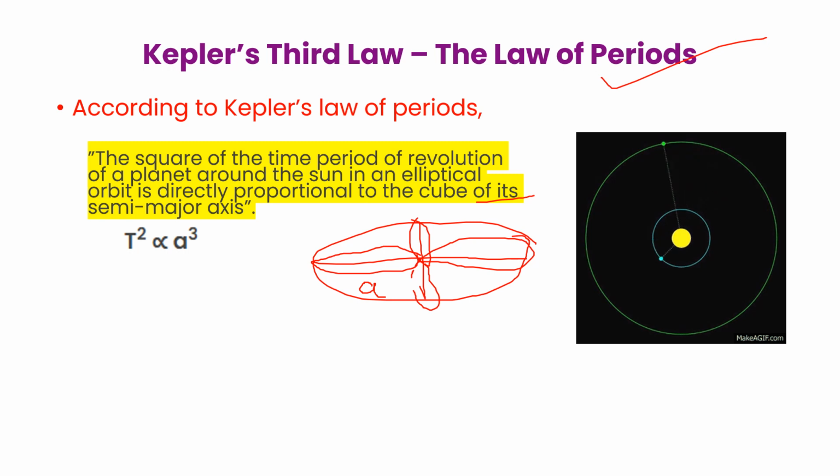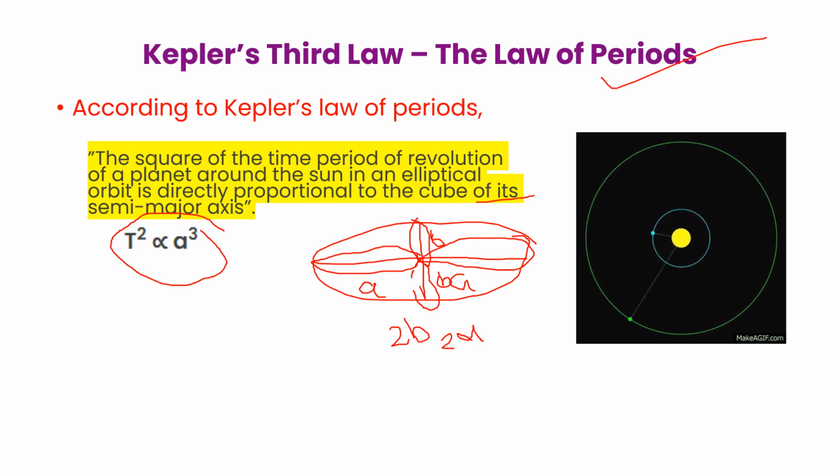So the semi-major axis is represented by a. If we are saying the complete major axis, it will be 2a. Correct? The semi-minor axis we are representing by b, so the complete minor axis will be 2b. Correct? So basically, T squared is directly proportional to a cubed. What is T? T is the time taken by the planet to complete one revolution around the sun.